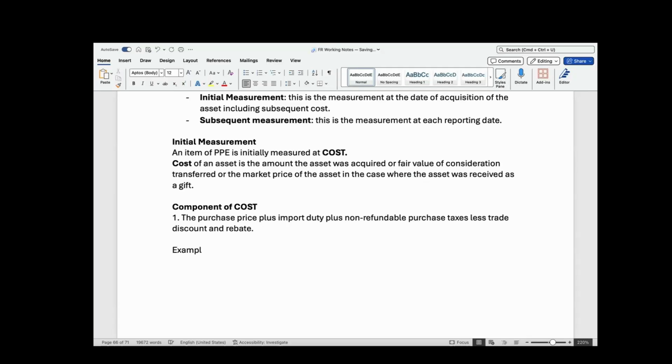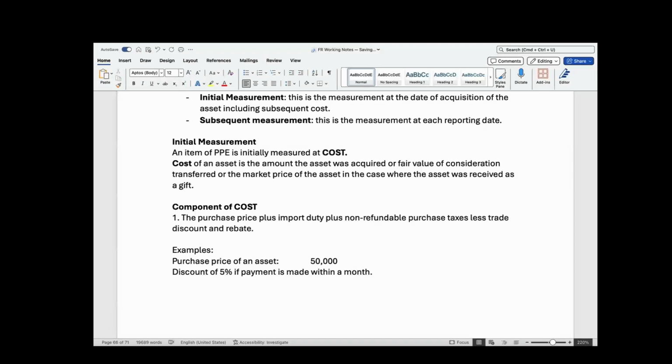So, for example, let's say you bought an asset with a purchase price of 50,000. You were given a discount of 5% if payment is made within a month.